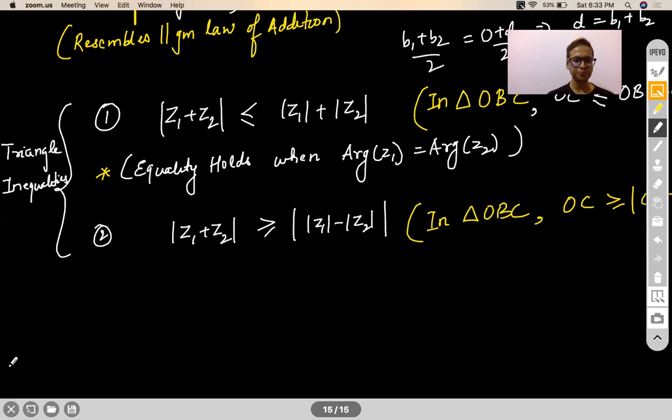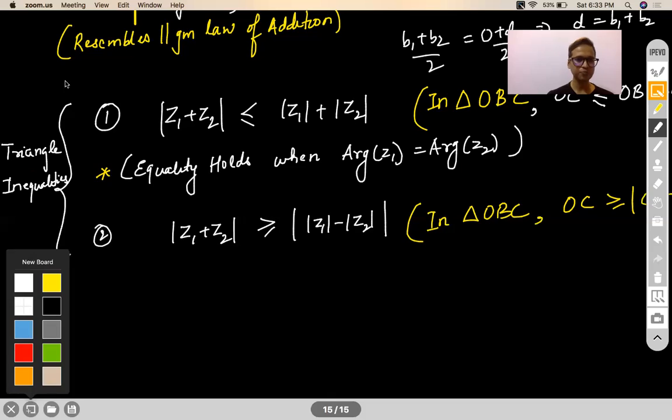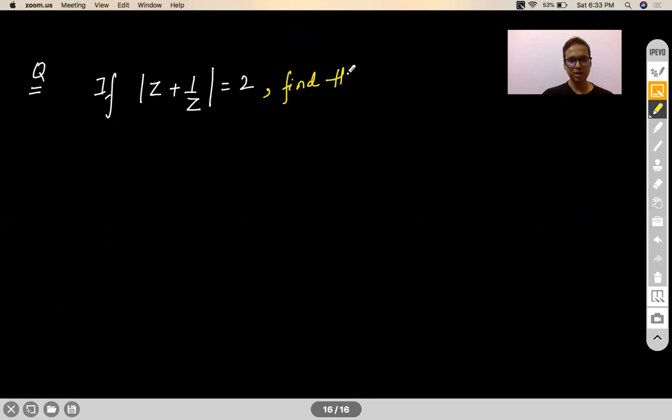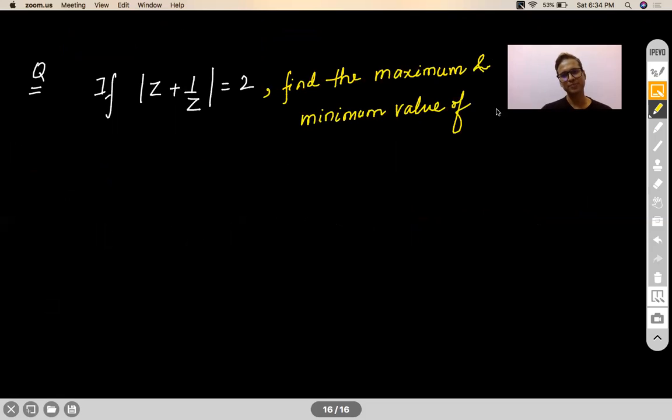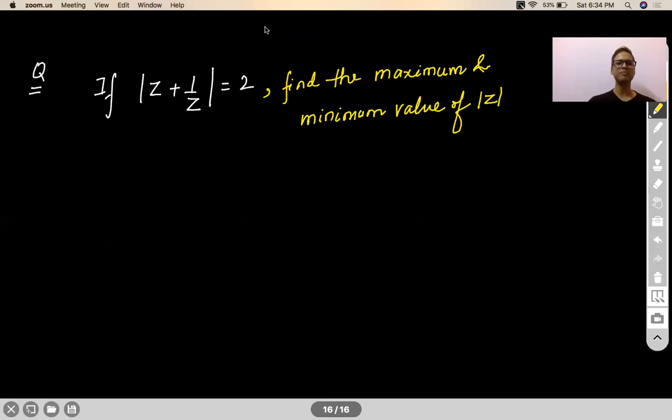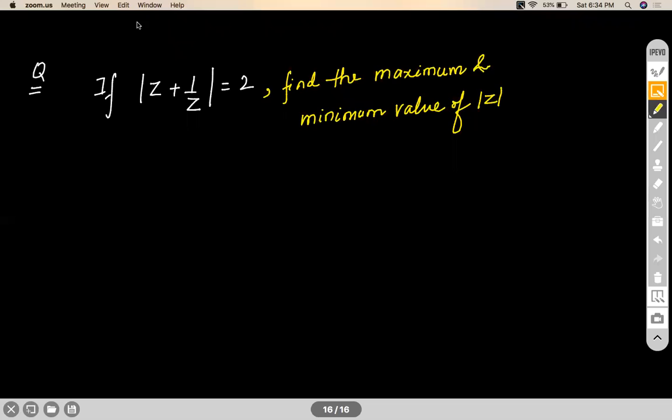If mod of z plus 1 by z is equal to 2, find the maximum and minimum value of mod z. Find the maximum and the minimum value of mod z. Let's see who is able to crack this question.